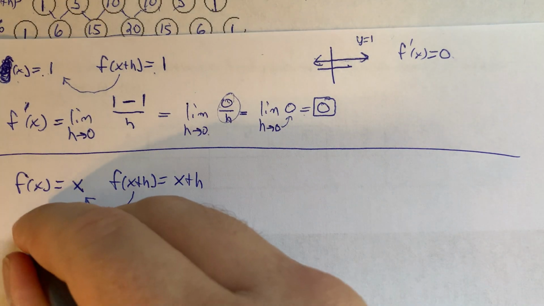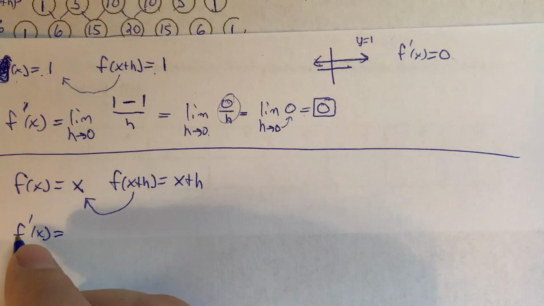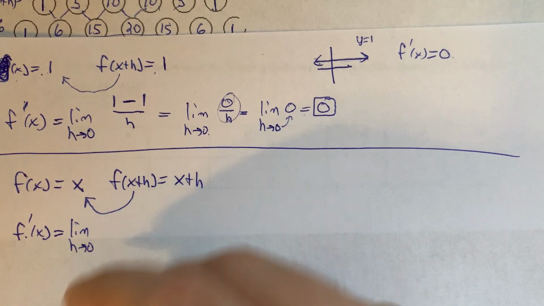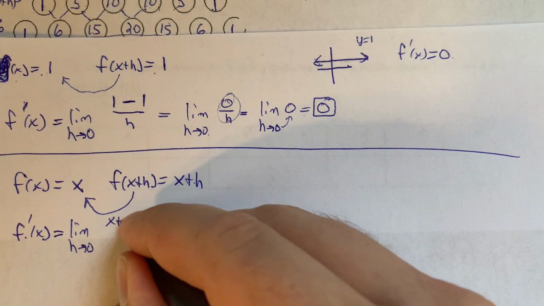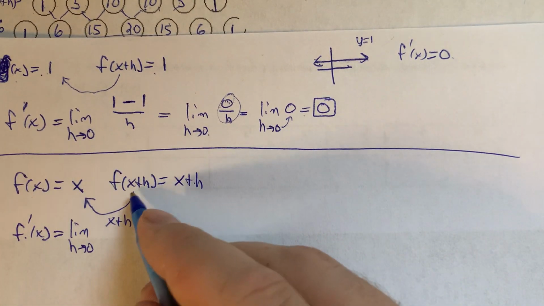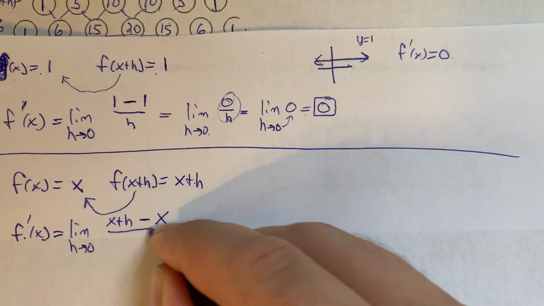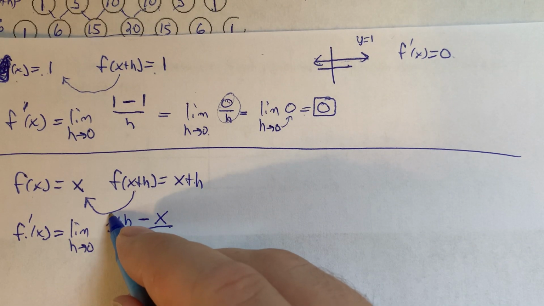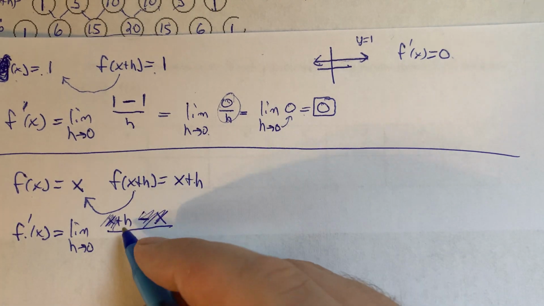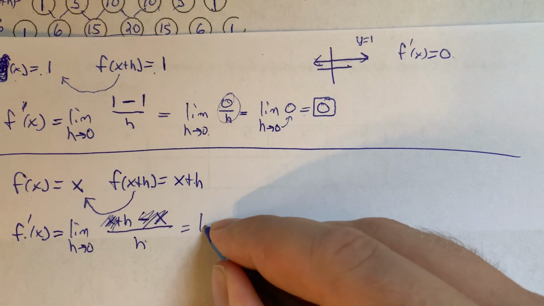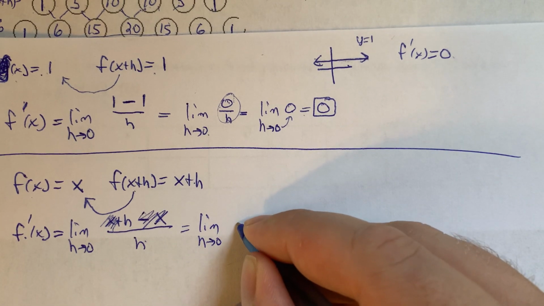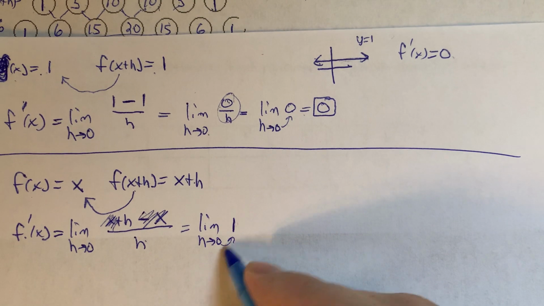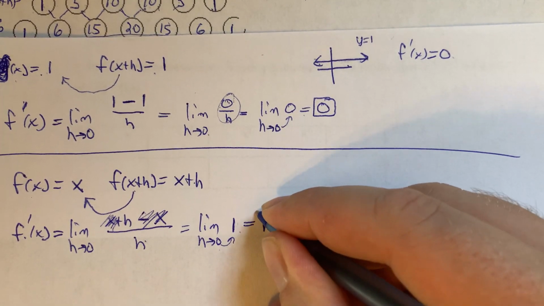And so when we do our derivative, the formula for the derivative at any point, it's the limit as h goes to 0 of f of x plus h minus f of x over h. And we should notice that the x's will cancel out. h divided by h is 1. And so this is the limit as h goes to 0 of 1. And again, this is our constant property of limits. As h goes to 0, there are no h's, so the answer is 1.